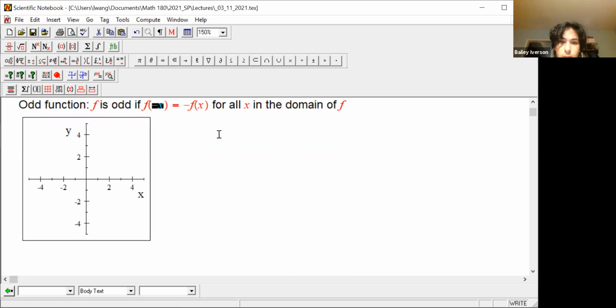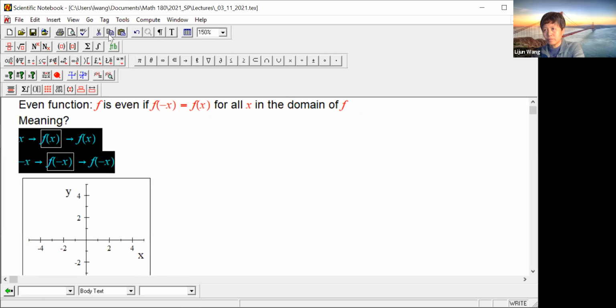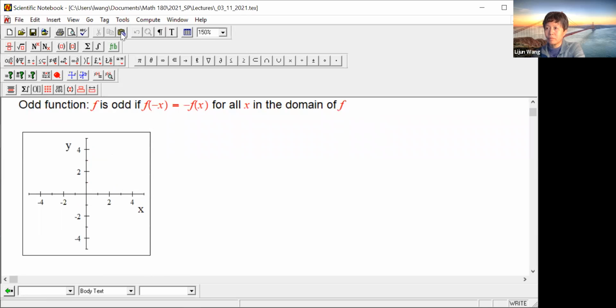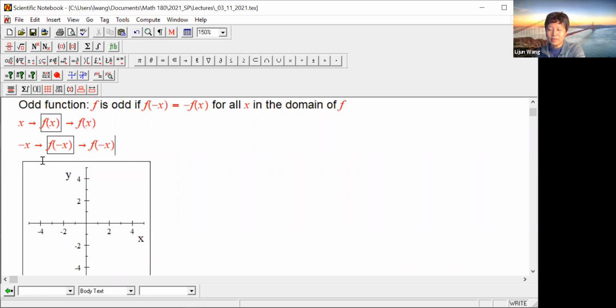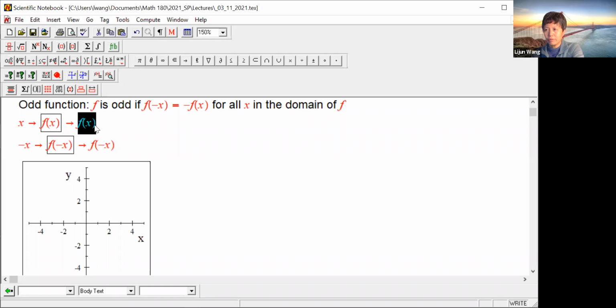F of negative x. Okay, so I'm still going to draw this. You can still look from the function's perspective. Obviously, the opposite numbers must be in the domain. But this time, f of negative x and f of x, these two numbers are opposite.